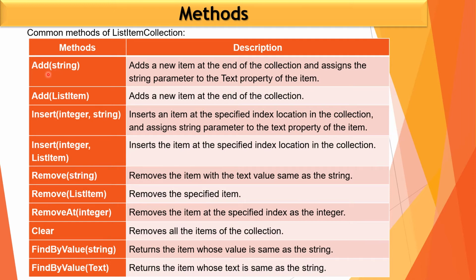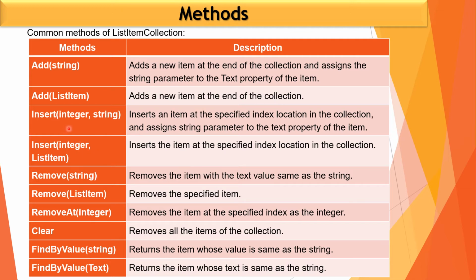So if you are using this string, the item will be added at the end of that collection with that string parameter. Next is AddRange. This will add new items at the end of the collection. So it may take a number of list items, and you can add them at the end of the collection.